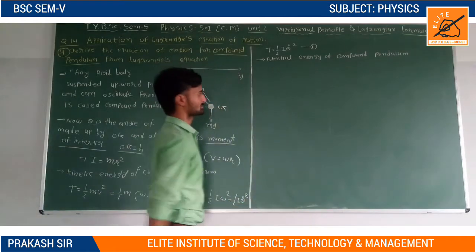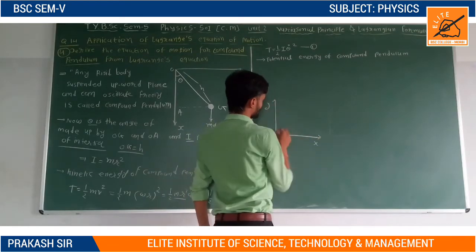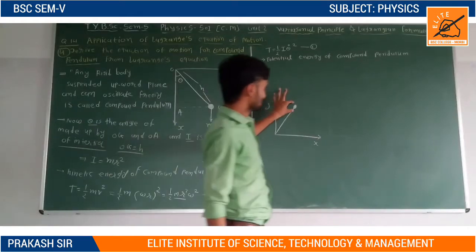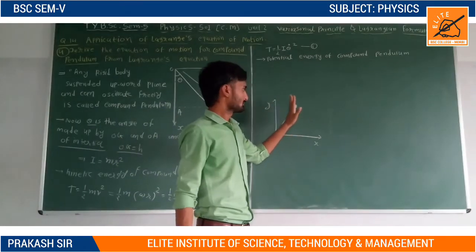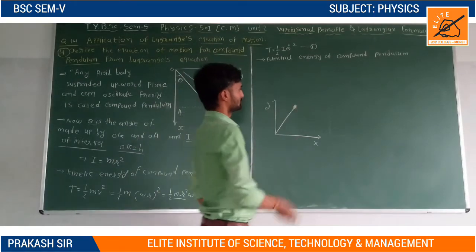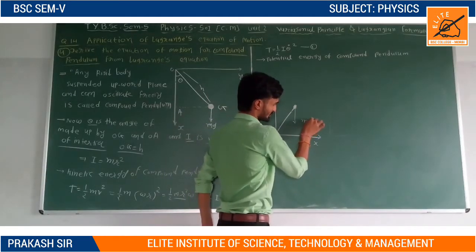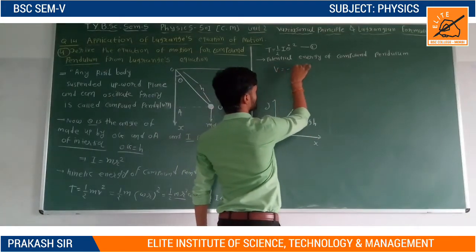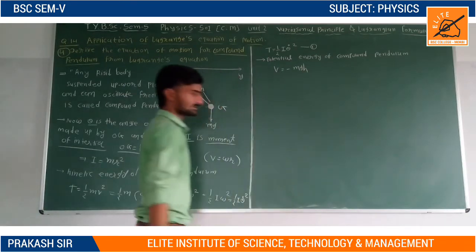Here the compound pendulum hangs with the y direction and x direction. The downward force is m g and the height is h. Downside is a minus sign, so V is equal to minus mgh. So the potential energy is minus mgh.